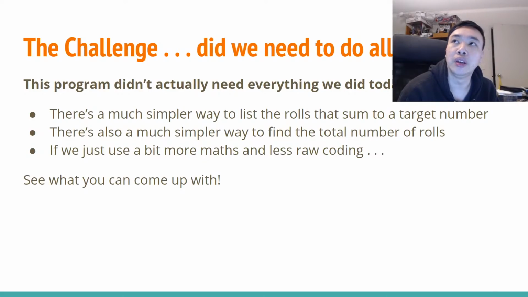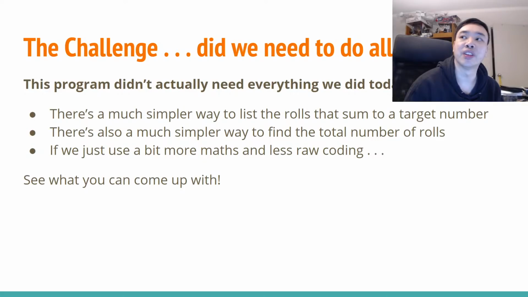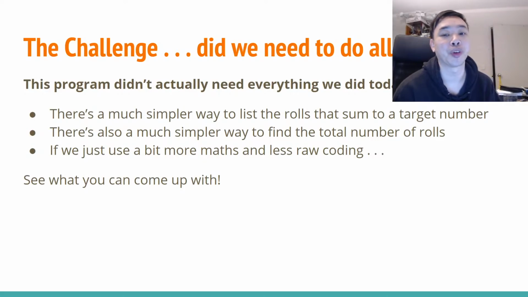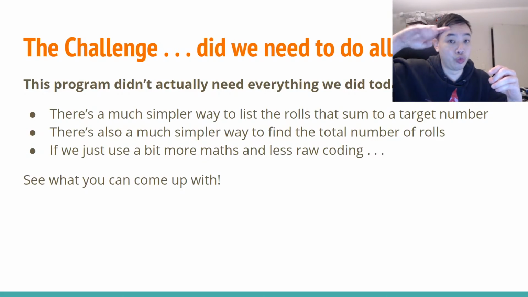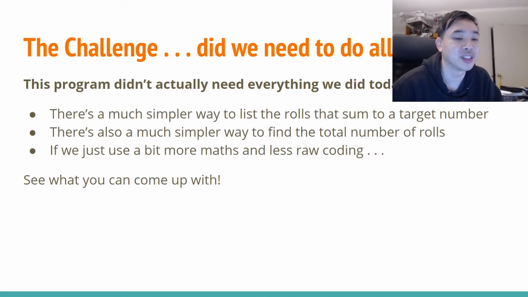If we take the theory of how numbers work and how combinations work, we could have done this with a few simpler mathematical operations instead of raw looping through everything and accumulating these possibilities. So if you're interested in a challenge, can you get the same results as this program without having to do the full-on double loop?